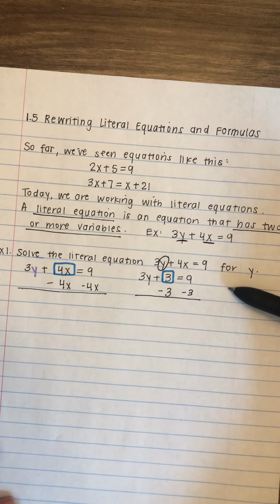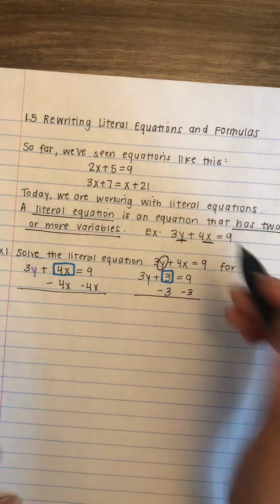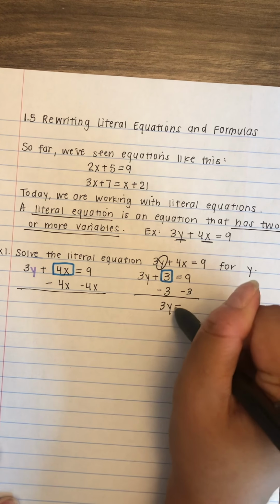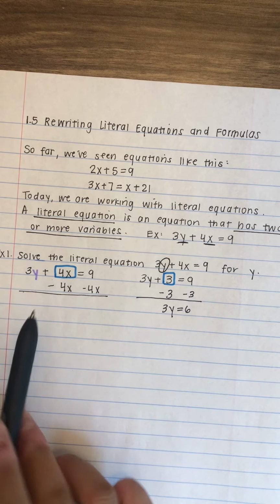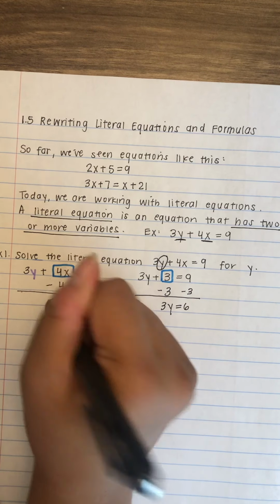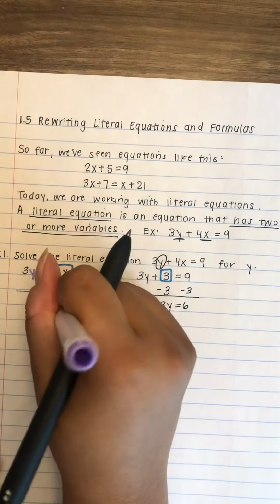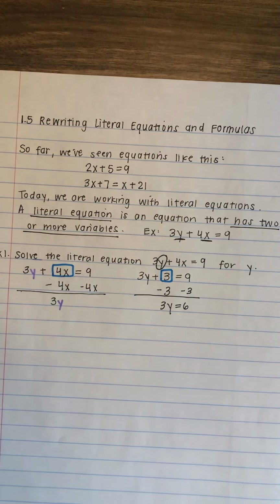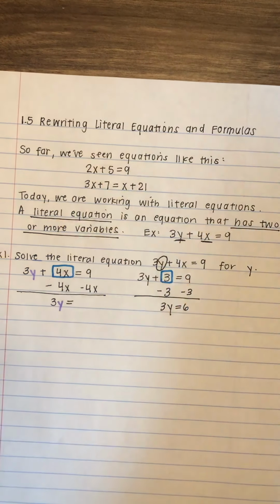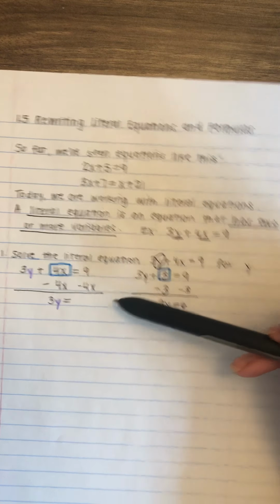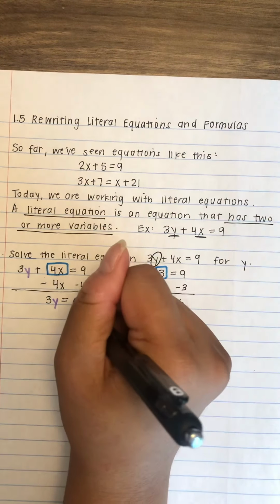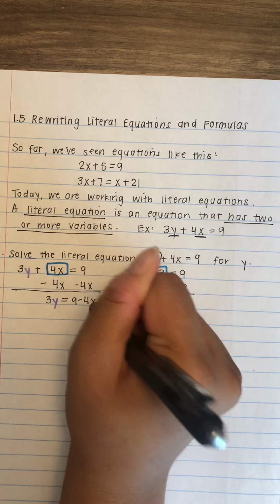Looking back at our old equations, our one variable equations, this would leave us with 3y equals 6. In our literal equation, this would leave us with 3y equals, now since 9 minus 4x are not like terms, we cannot combine them. So we are simply left with 9 minus 4x.